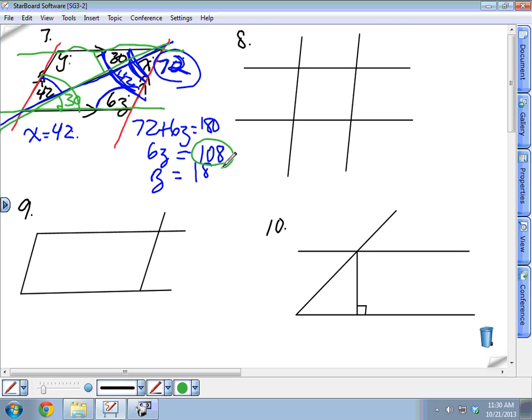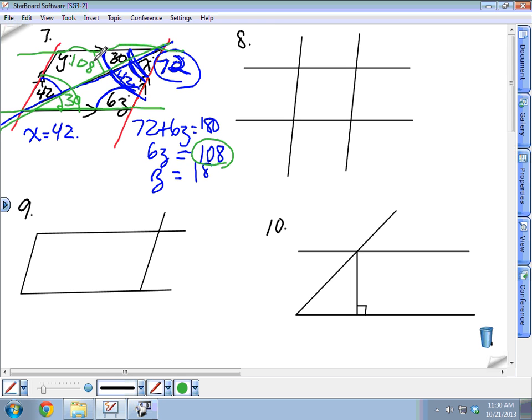z is 18, but y is 108. Can't we just say a triangle always equals 180 degrees? No, you cannot do that, because we have not proved that yet. It's not there yet, so just forget about it until you learn it. Yes, Annie?